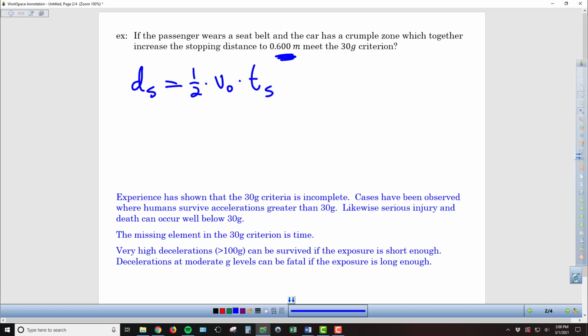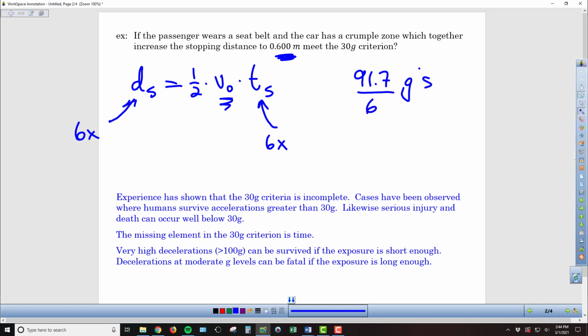If I'm going to increase the stopping distance by a factor of 6, and my velocity stays the same, that means my stopping time is going to be increased by a factor of 6, which then means the number of Gs I'm going to experience is going to be reduced by a factor of 6. So we can take that same answer that we had before of 91.7 Gs, divide that by 6, and we end up with 15.2 Gs, which is well below our 30 G threshold.